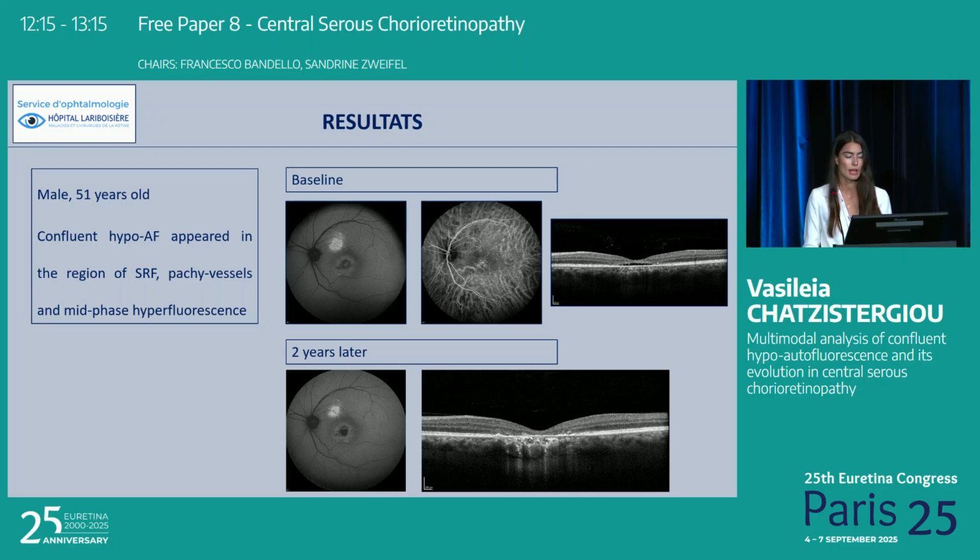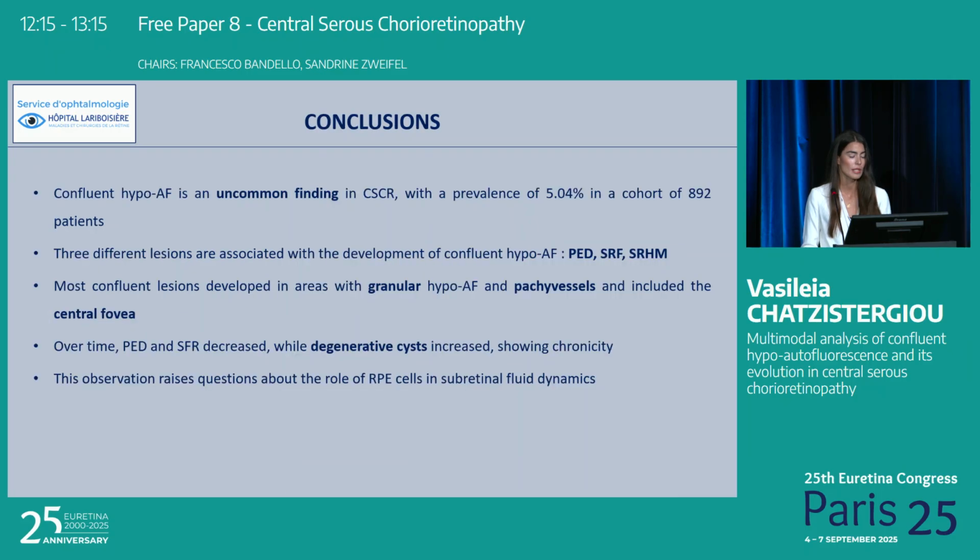So our study shows that confluent hypoautofluorescence is an uncommon finding in patients with central serous chorioretinopathy, with a prevalence of 5% in a really large cohort of almost 900 patients. 3 different lesions are associated with the development of confluent hypoautofluorescence: pigment epithelium detachment, subretinal fluid, and less frequently subretinal hyperreflective material.